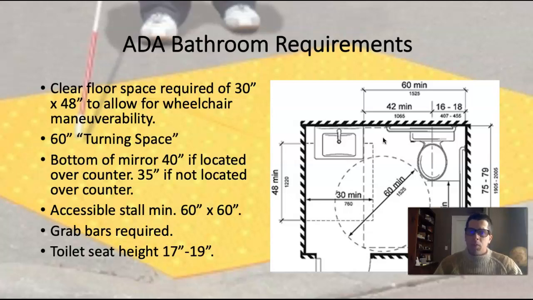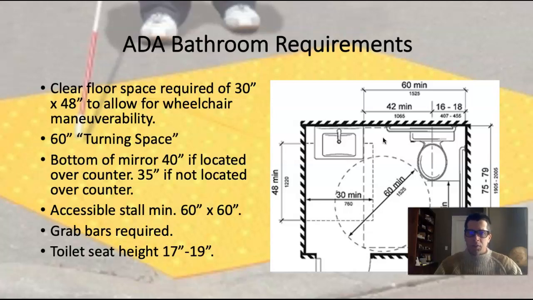So for example, mirrors, the bottom of the mirror has to be at 40 inches if it's over a counter. Okay, that's as high as it can be. If it's not over a counter, it can't be any more than 35 inches. The accessible stall, and remember we talked about every restroom has to be accessible, and then every restroom has to have one accessible stall.